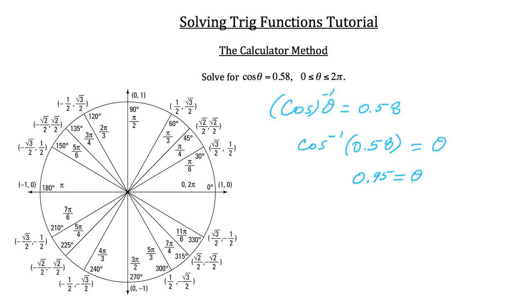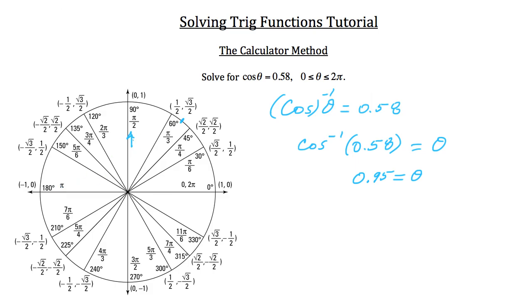Now right now, our calculator mode is in radians, so we're dealing with our answer here in radians. So 0.95 in radians is going to occur right about here on our unit circle. Notice that pi radians is over here at 180 degrees, and pi is roughly 3.14.